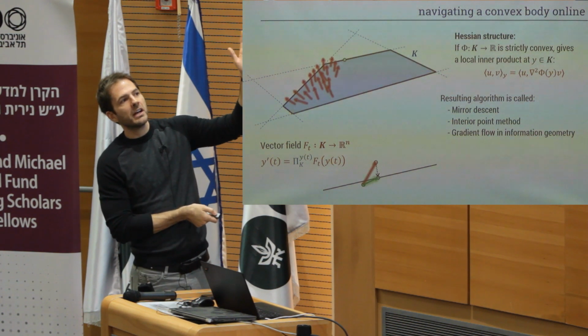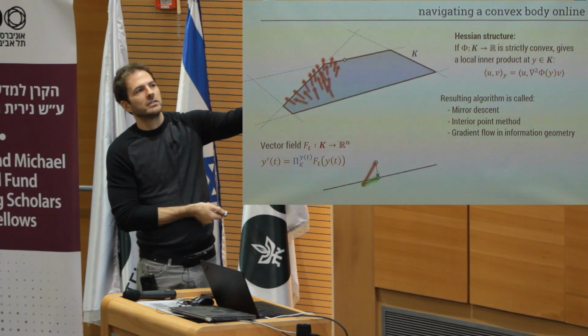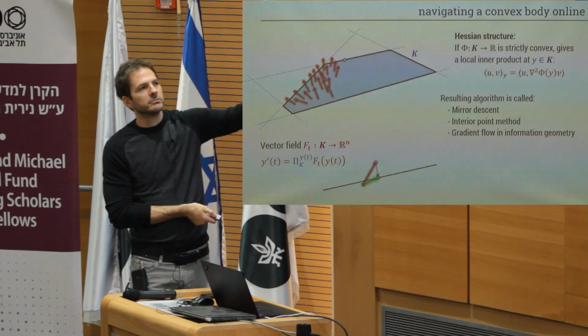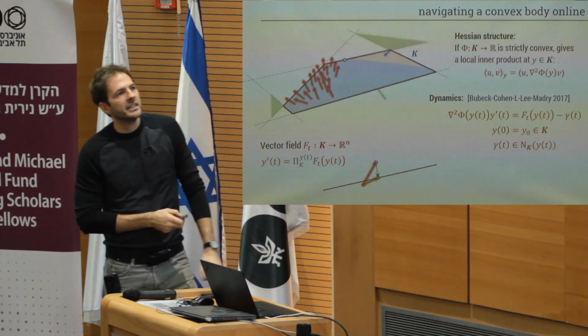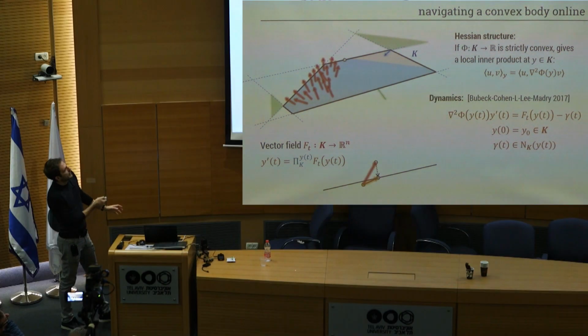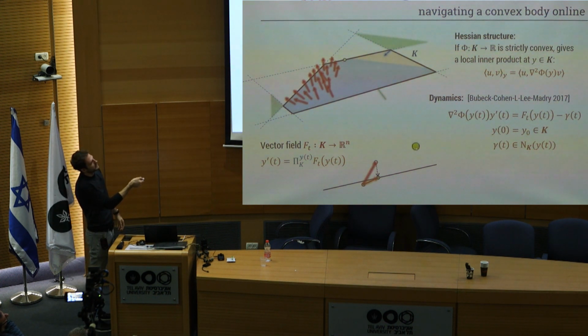But the resulting algorithm has many names because it comes up in many different fields: mirror descent, the generic interior point algorithm, gradient flow, information geometry, and so on. And in this setting, with Bubeck, Cohen, Lee, Yin Tat, and Aleksander Madry, you can give a closed form for the dynamics.